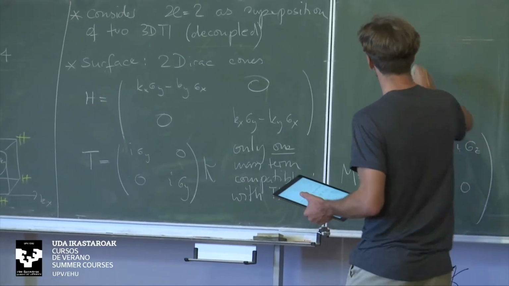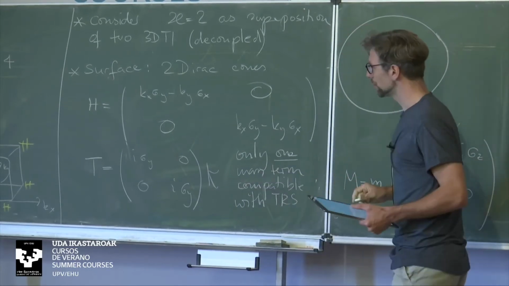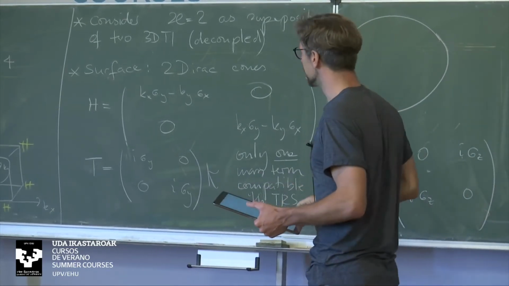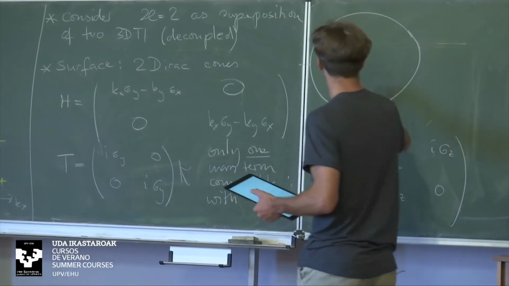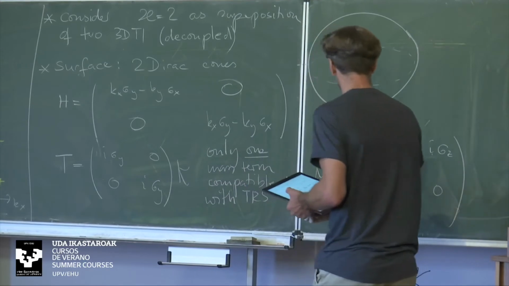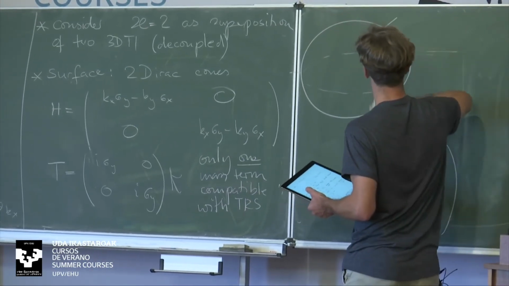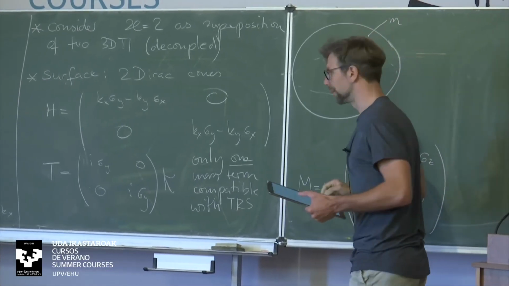So let's consider a spherical version of this insulator, which is certainly inversion symmetric, as a geometry at least. And let's consider this with a finite mass term on one point here, given by m.